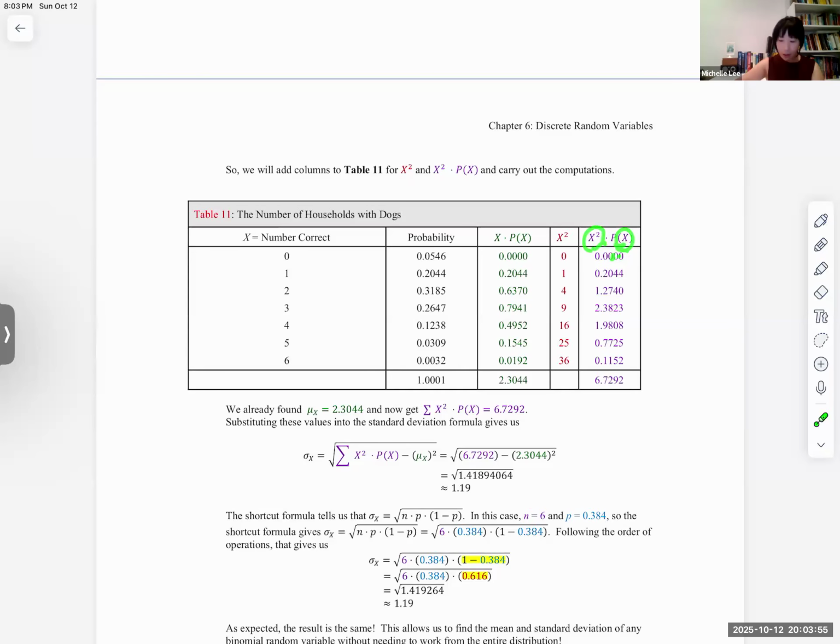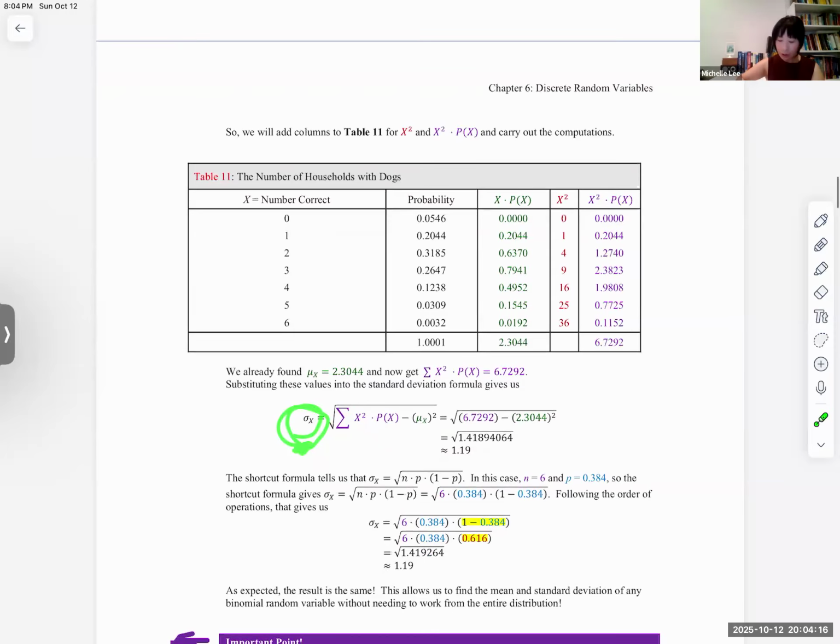Then mu was 2.3044. So we do a lot of work in this column, then use the discrete random variable standard deviation formula, substitute, and we get 1.19.